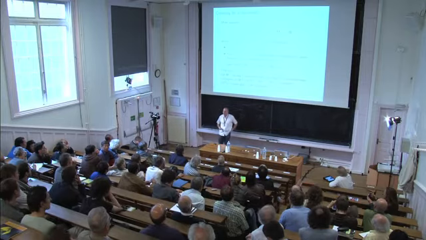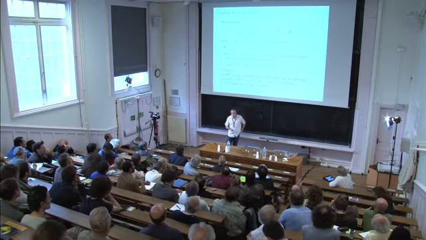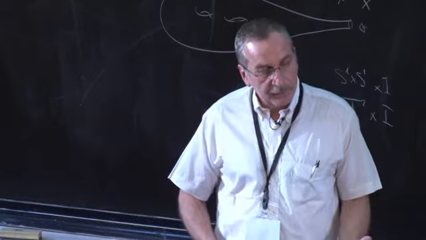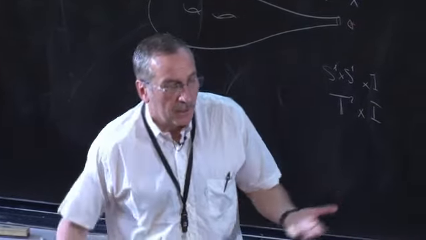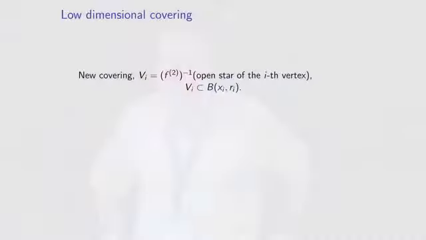You can deform it as a map into the 2-skeleton, relative to the 2-skeleton, which is fixed, with furthermore this property that the pullback by the new map of the open star of a vertex is again included in the metric ball one started with, and that's very important for the rest. So if we define open sets Vi, as written here, we have shrunk the original covering to a smaller covering in such a way that the new nerve has dimension at most 2.